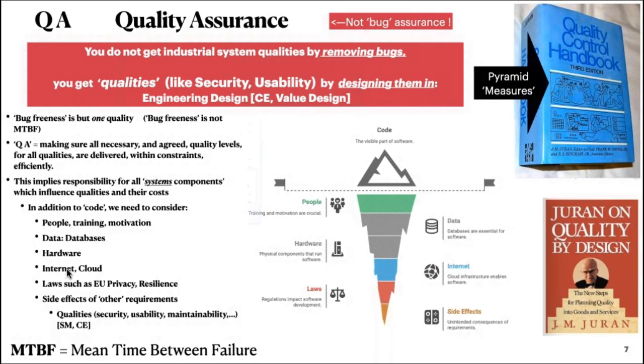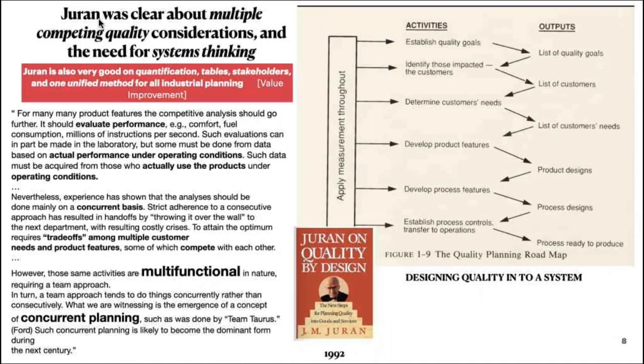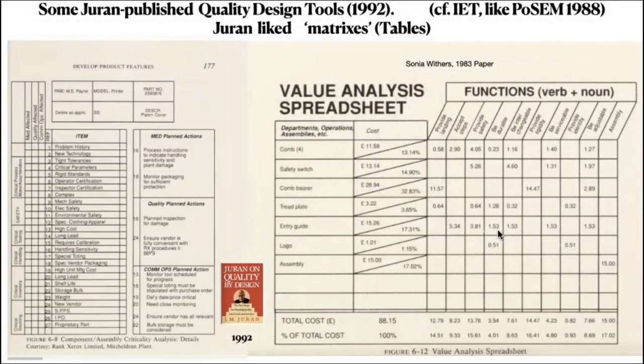Okay, so here I'm bragging a little bit about Duran's nice book, all the good things he did there. We found that on certain internet sites, there are free PDF copies of this book from 1992 if you want to get a hold of it. But here's from the book a series of setting quality goals and ending up with better quality systems. Here's some more from the book.